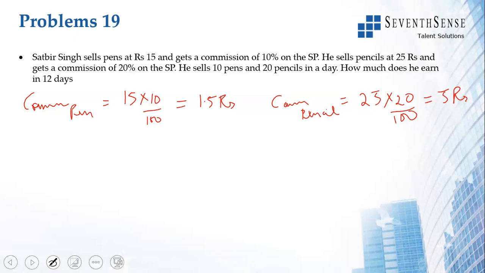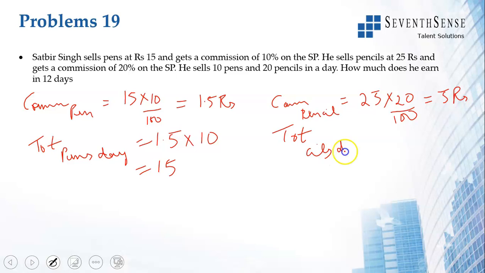He's selling 10 pens in a day, so the total commission on pens in a day is equal to 1.5, the commission on 1 pen, into 10 pens. This is equal to 15. The commission on 1 pencil is 5. He's selling 20 pencils, so he's getting 100.